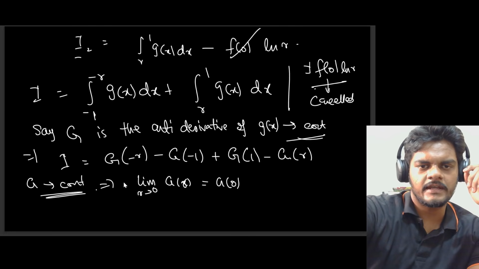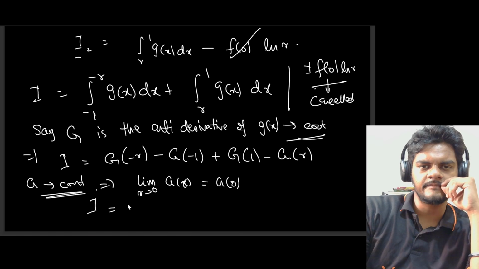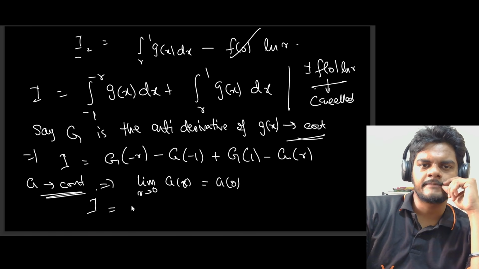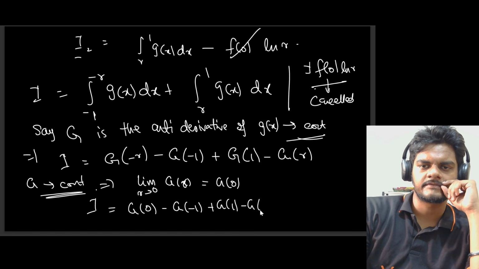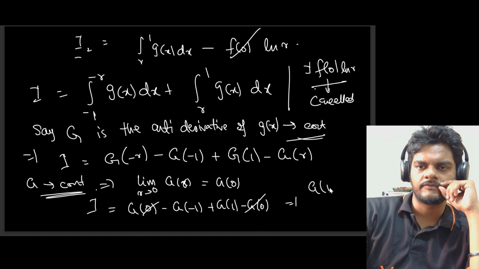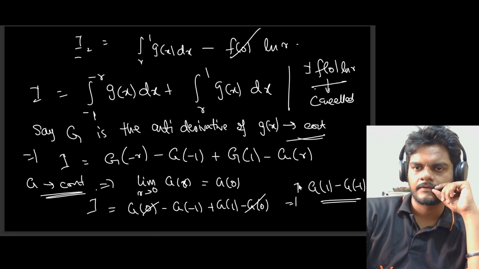So do you see what happens to the sum? I simply becomes G of 0 minus G of minus 1 plus G of 1 minus G of 0. So G of 0 gets cancelled. This is simply G of 1 minus G of minus 1.